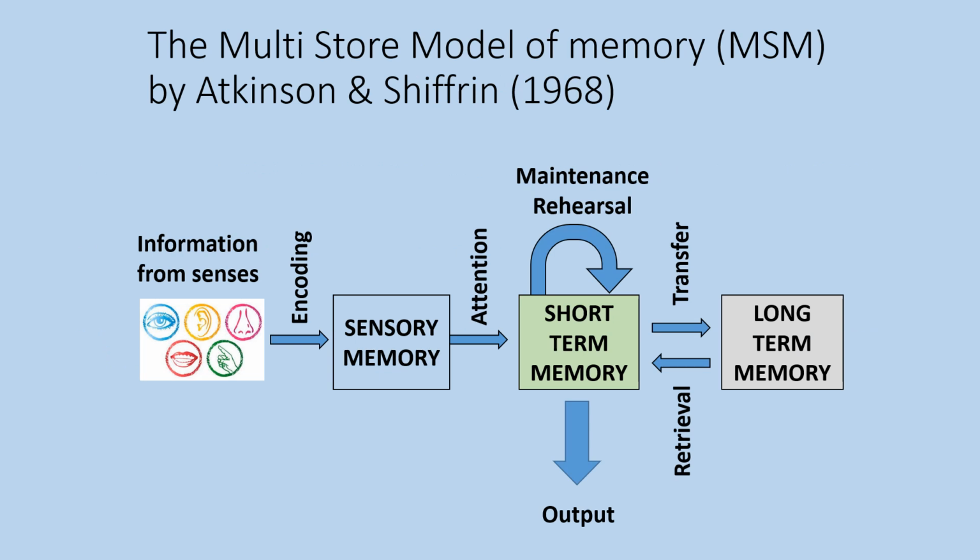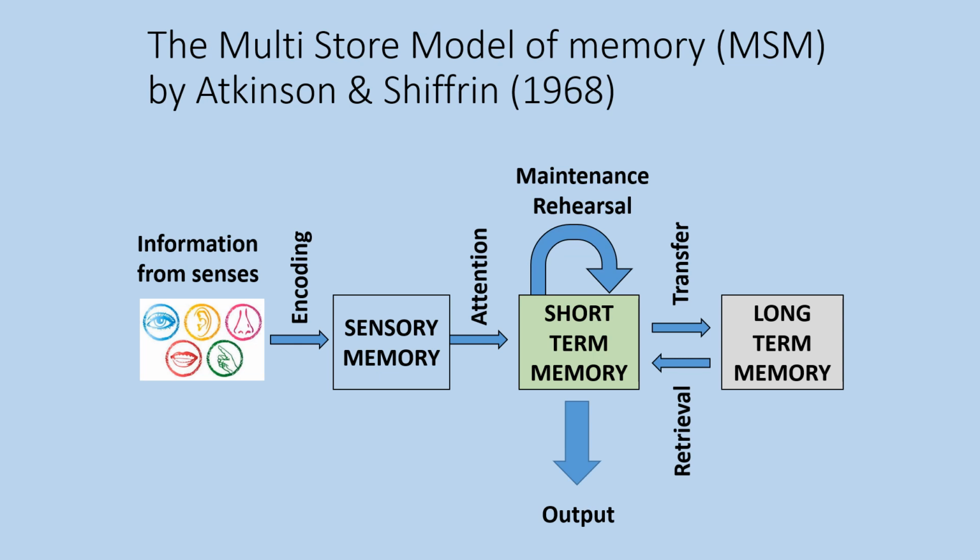So you've got information from our senses, and remember what I said earlier: information from our senses is not a store in itself. That's just where it comes from. So information comes from our senses, our sight, our hearing. You're hearing me right now, and you're seeing this model right now. It comes in as light signals and sound waves, and that has to be transferred into the electrical signals that our brain uses.